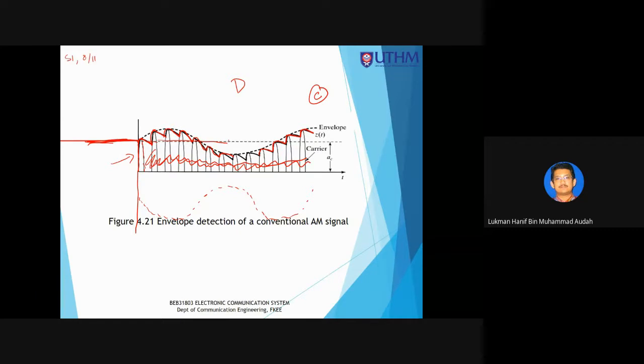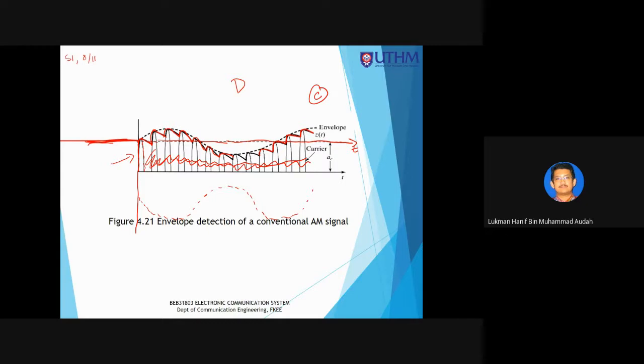So saya lukis paksi X di atas lah. Okay, so now I draw the X-axis above so as to show you that this waveform has been dropped towards the X-axis. Nak menunjukkan bahawa dia telah diturunkan kepada paksi X. Sebab tadi kapasitor akan buang DC voltage, DC component will be removed and it will drop towards the X-axis.